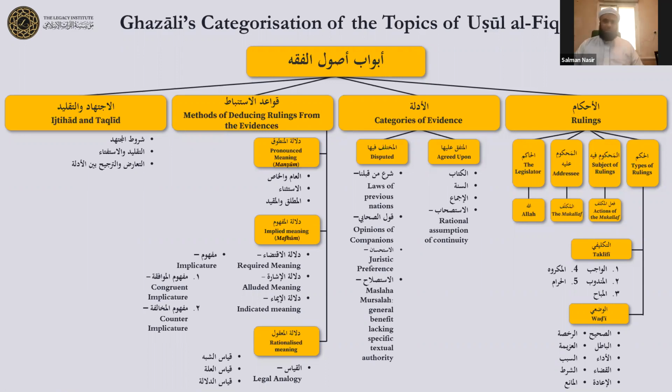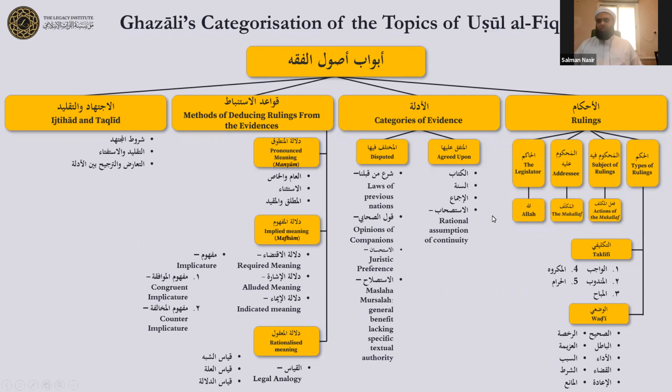This is the categorization of the topics in Usul Fiqh by Imam al-Ghazali. Okay, so this is the categorization of Imam al-Ghazali of the topics of Usul al-Fiqh.